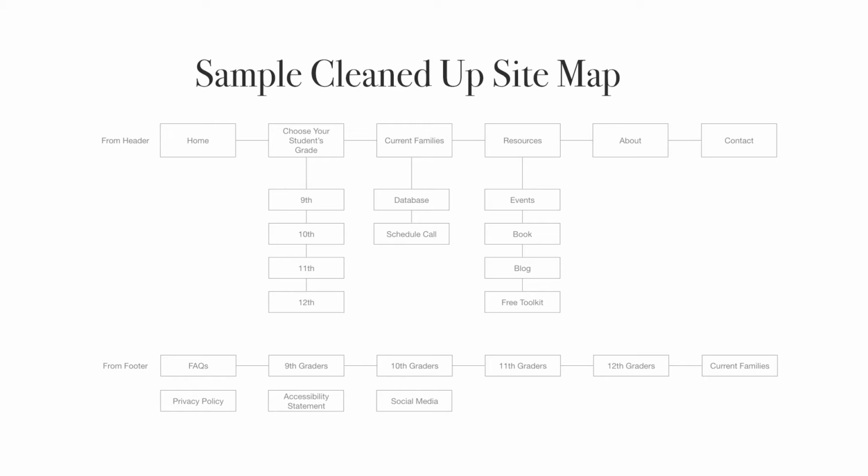Another way that you can utilize a sitemap is in order to understand the journey of the user. So what we typically do, right before we start actually creating the site and putting drop downs and everything in place, is create this user journey.